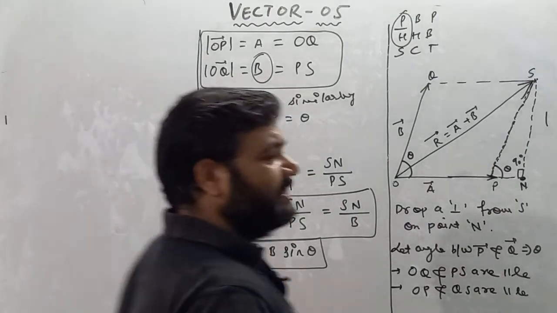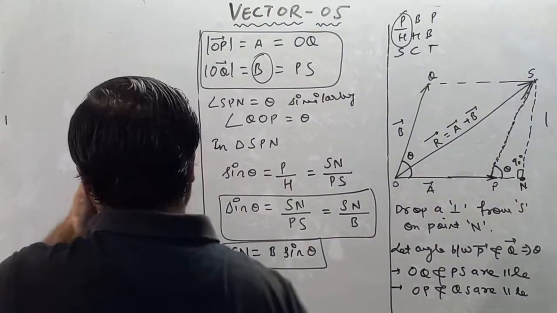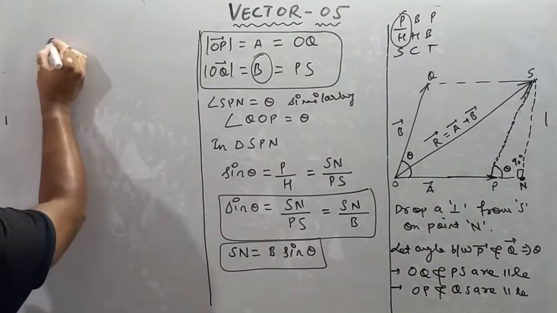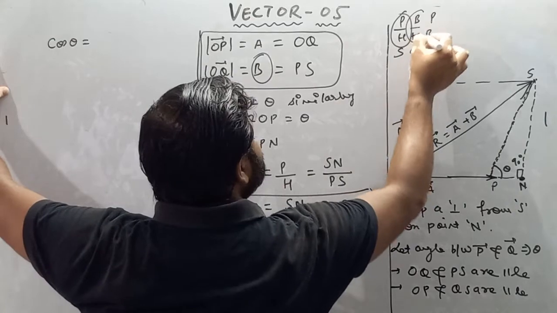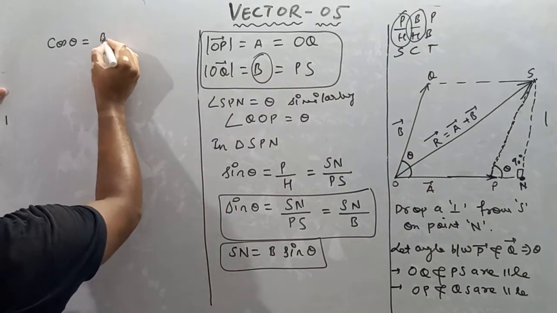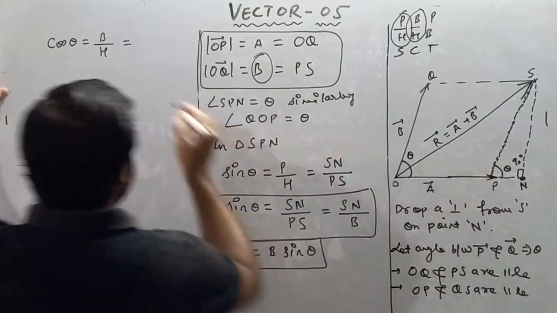In the same triangle, we'll find cos theta as well. So cos theta is equal to, we know that cos theta is base upon hypotenuse. In this triangle, base is PN, my dear student.